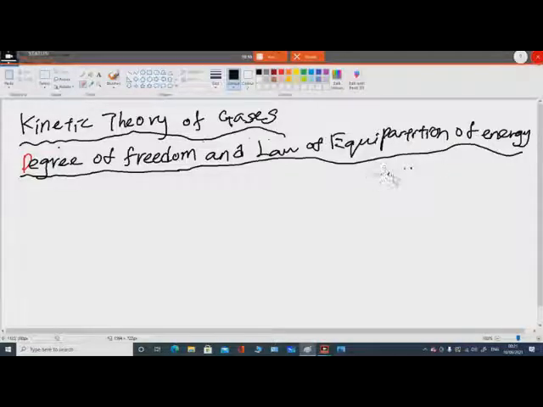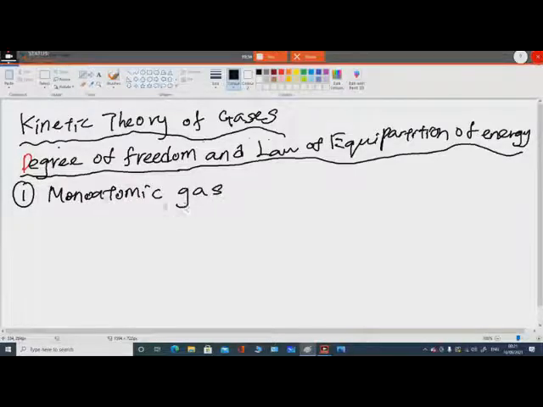Okay, so let's move on to the first type of gases. We have monoatomic gas, which is a single atom.